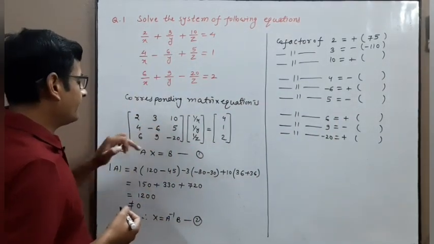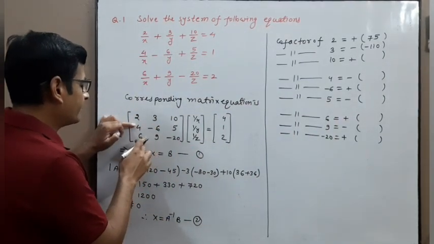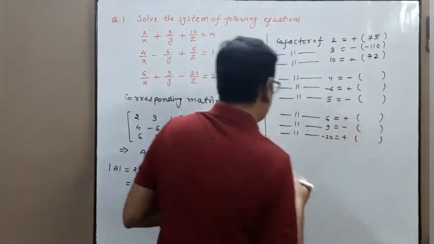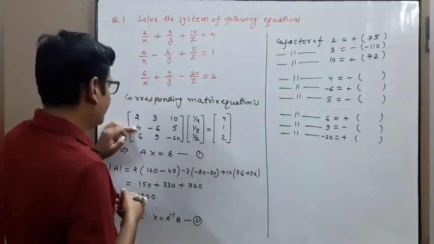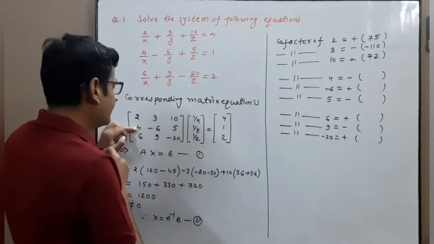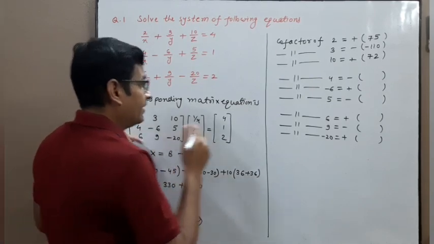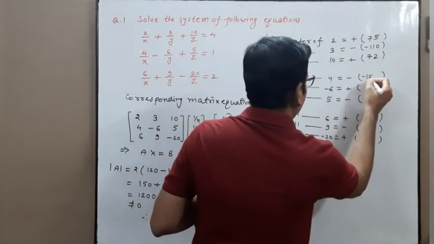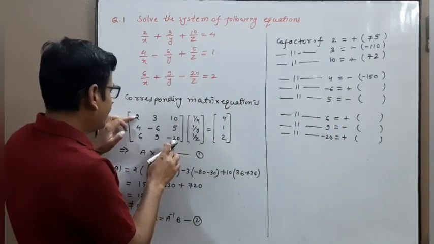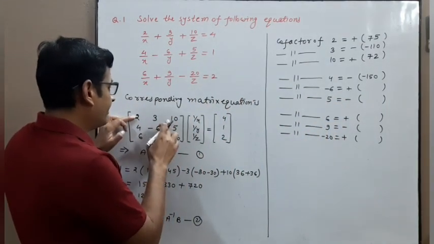Cofactor of 10: 36 plus 36, 72. Now cofactor of 4: minus 60 and minus 90, minus 150. Cofactor of minus 6: minus 40 and minus 60, minus 100.